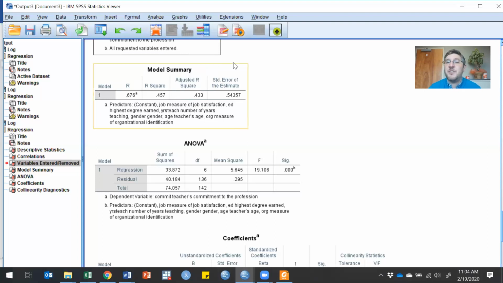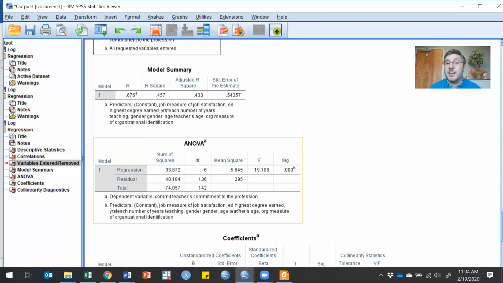This standard error of the estimate here is, one of the assumptions of multiple regression is that the residuals are normally distributed with a mean of 0 and a constant variance. This is an estimate of the constant variance. This would actually be in standard deviation units, so you'd square this to get the estimate of the constant variance, but that's that estimate there.